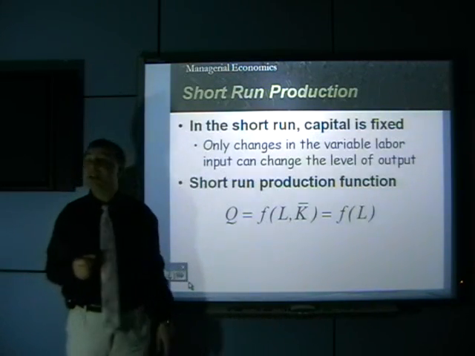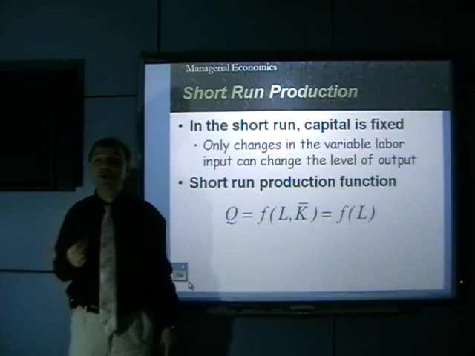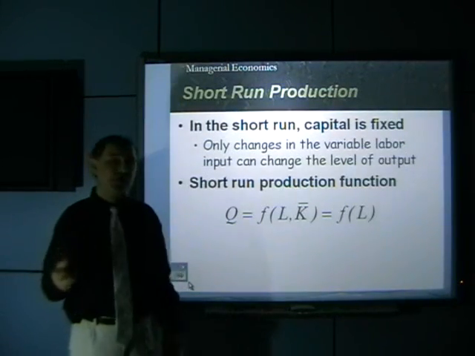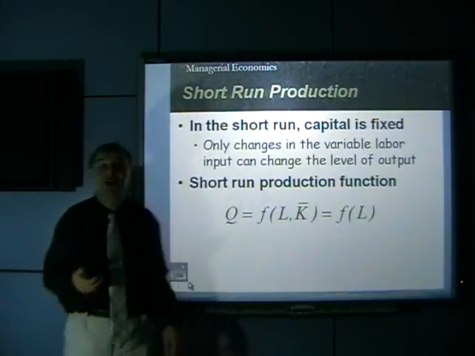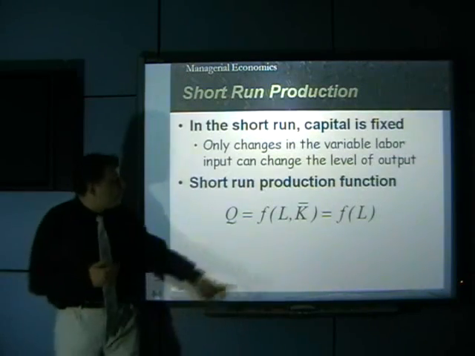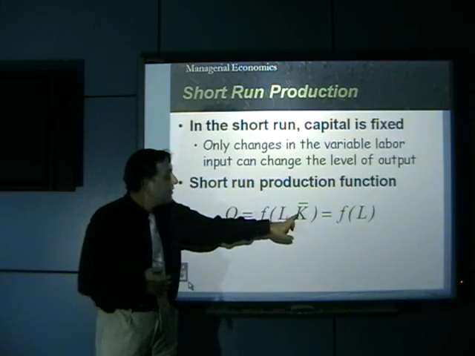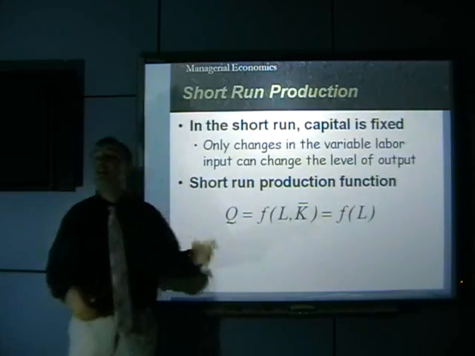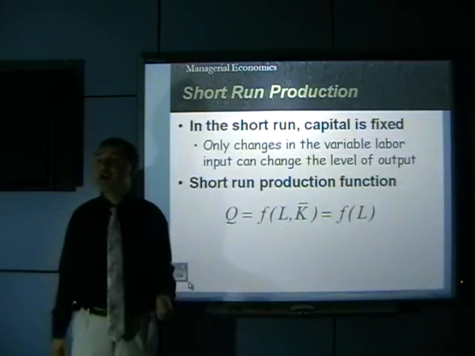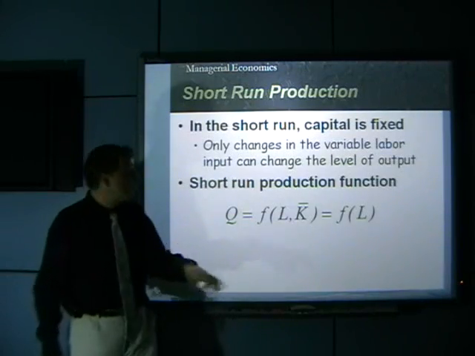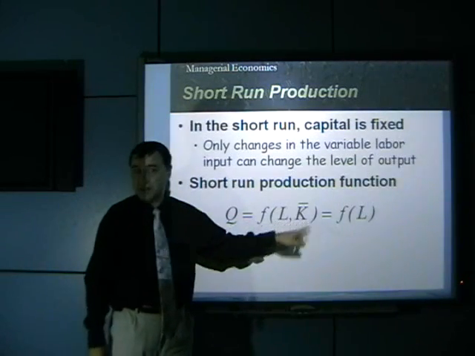Usually, for this type of fixed input in economics, there is a convention. Economists have agreed, because it's nice, to put a little dash on top of it. So, when you put a dash on top of K, this means that this particular input, this particular resource, is fixed.